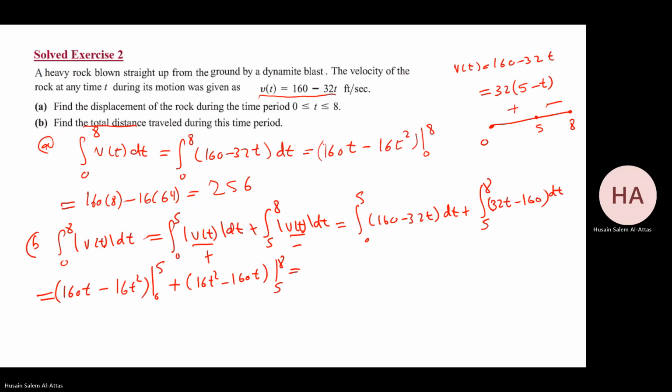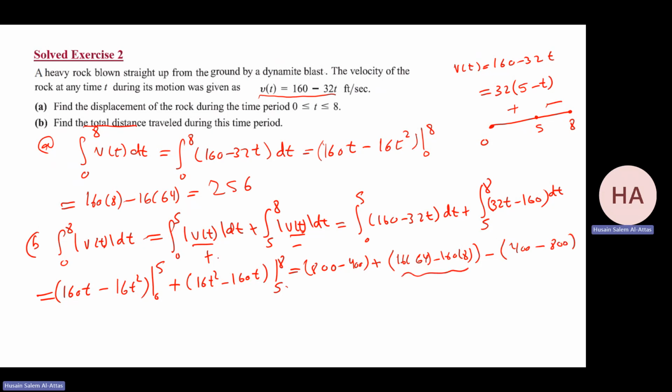If we do the calculation, that will be 800. 16 times 25 will give me 400. Minus 0. Plus this one, 16 t squared: that gives me 16 times 64, minus 160 times 8, minus, now with the 5, 16 times 25, that will be 400 minus 800.